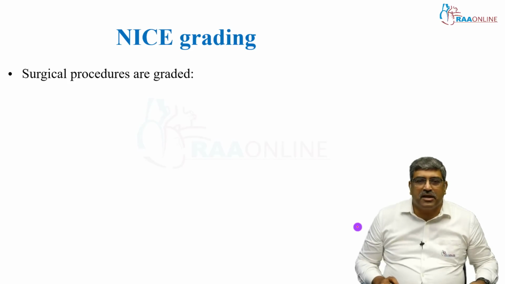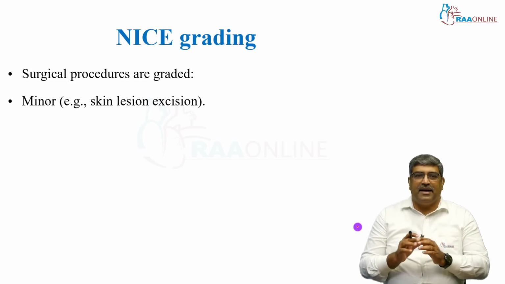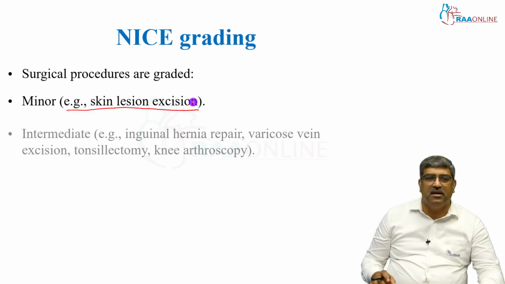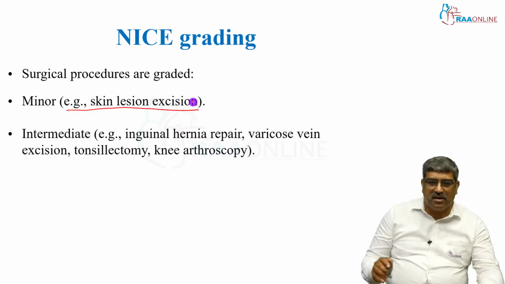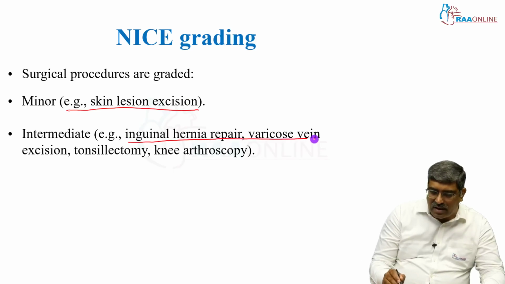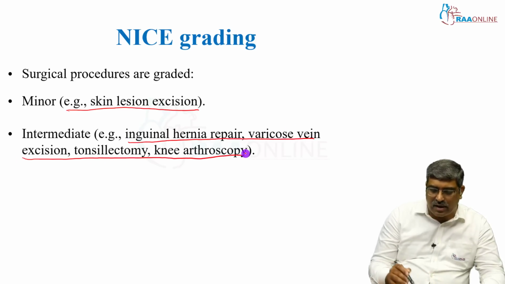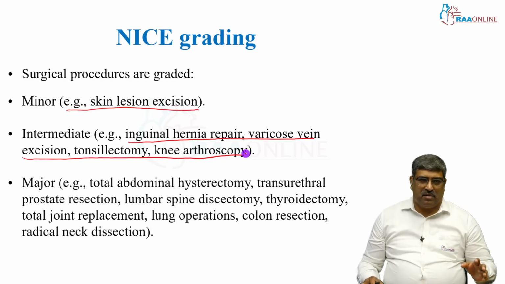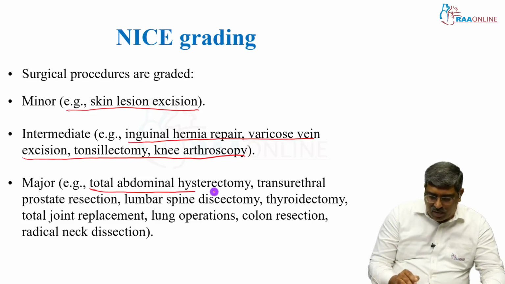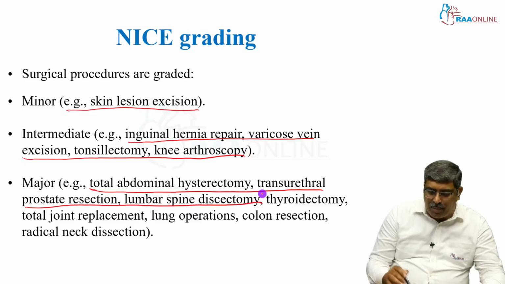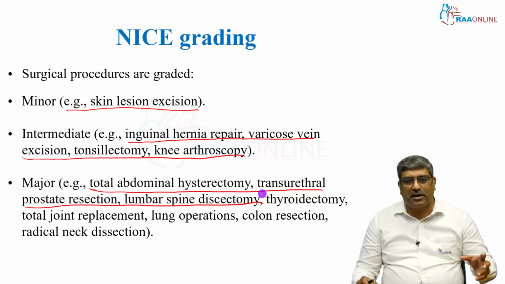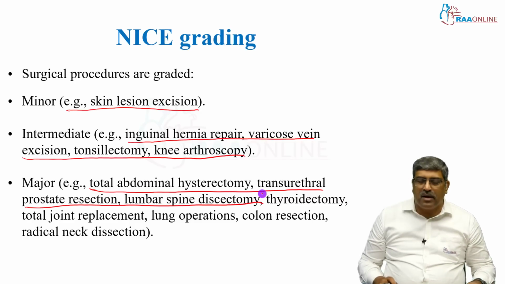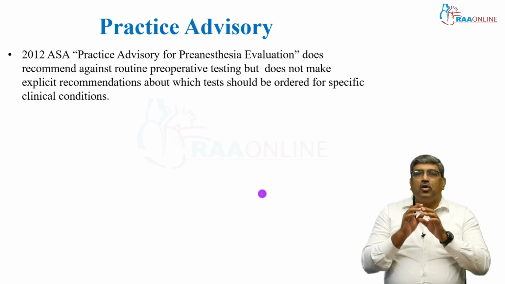So, the surgical procedures are graded as minor, which is like a skin lesion excision; intermediate risk, which includes inguinal hernia repair, varicose vein excision, tonsillectomy or knee arthroscopy; and major procedures like total abdominal hysterectomy, TURP, lumbar spine discectomy, thyroidectomy, total joint replacement, lung operation, colon resection or radical neck dissection.